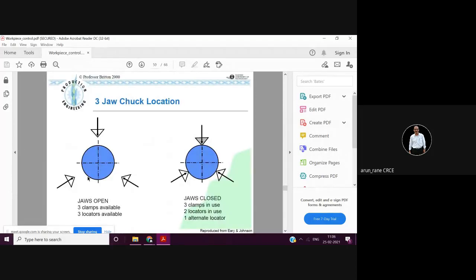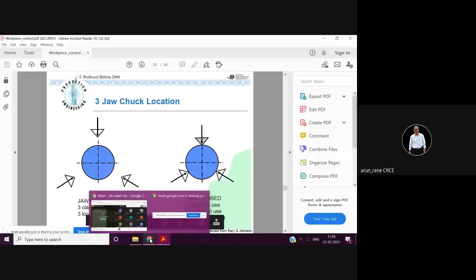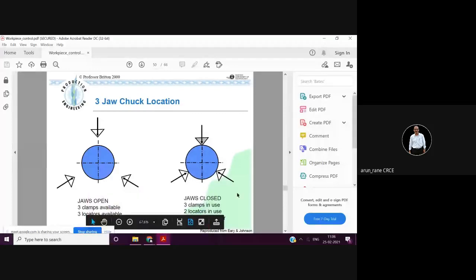Three jaw chuck location is shown like this. Obviously every jaw is going to act as a locator, isn't it? So when the jaws are closed, these two jaws will act as locators and this will act as clamping.